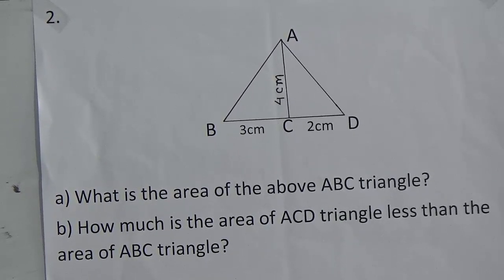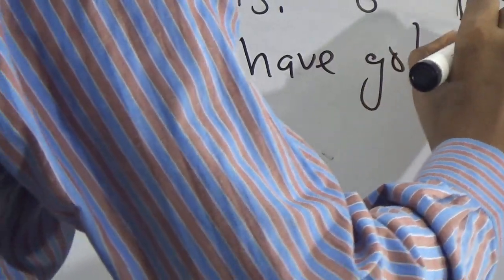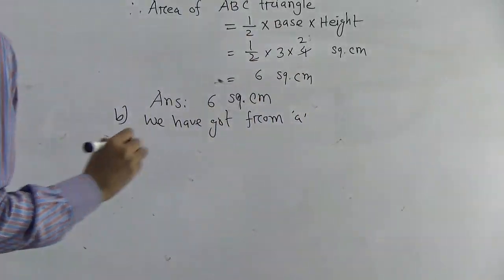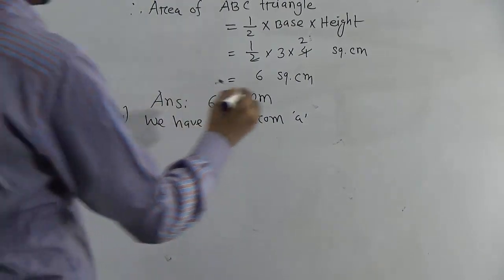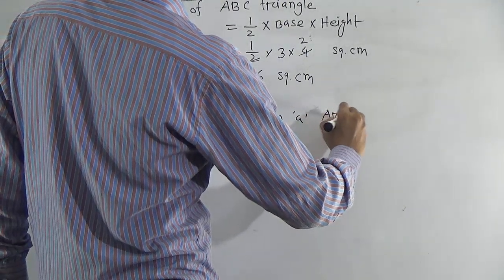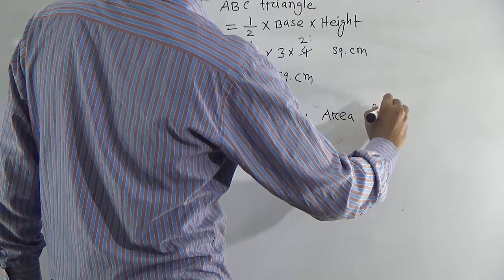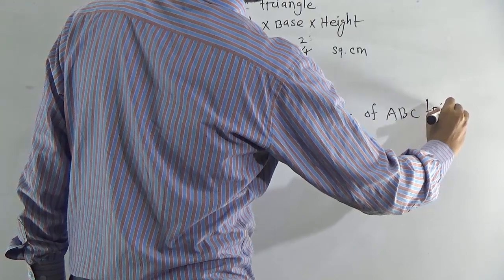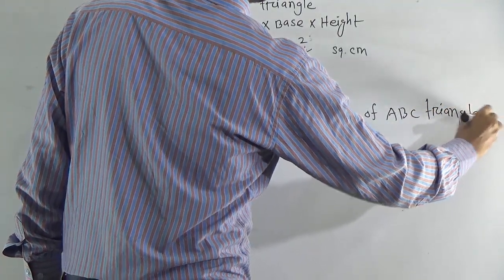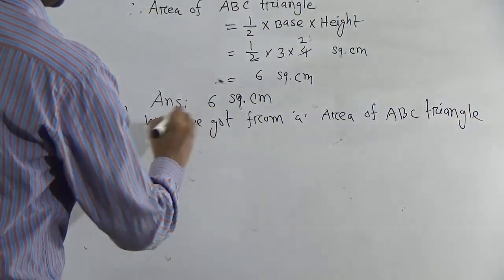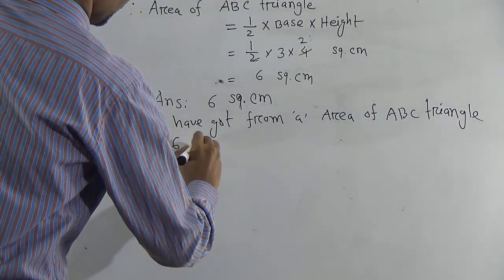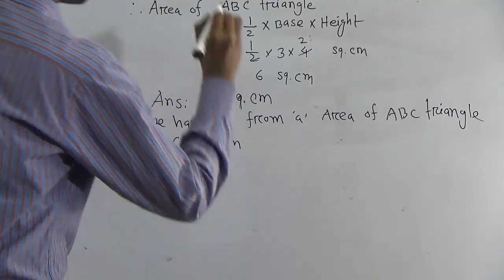B number we have got from A. We have got from A area of ABC triangle is 6 square centimeter. Okay.